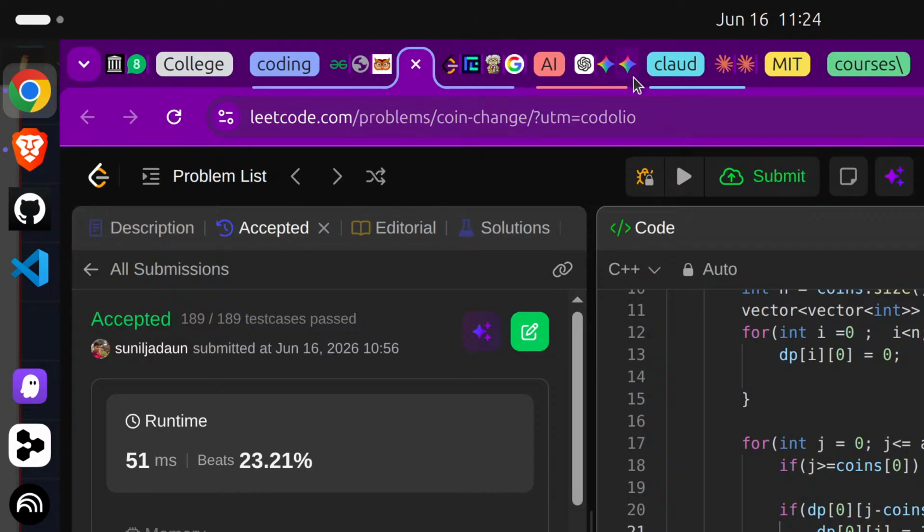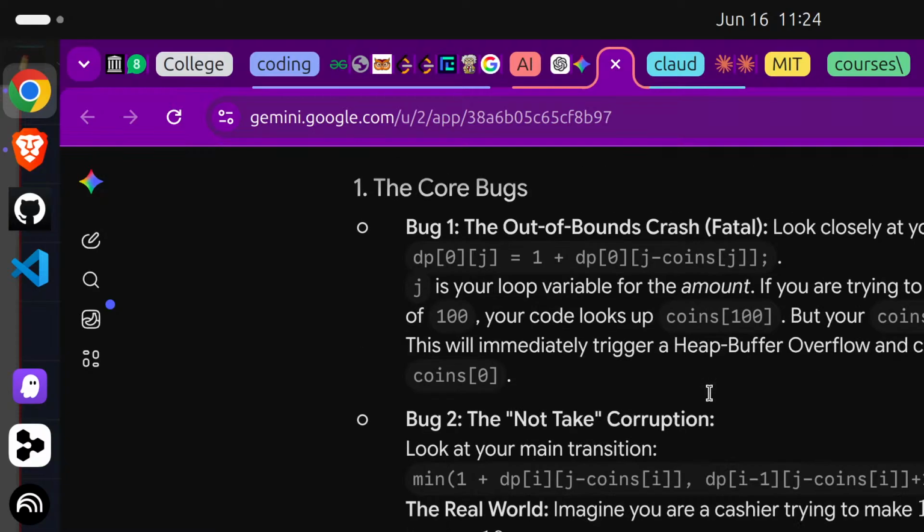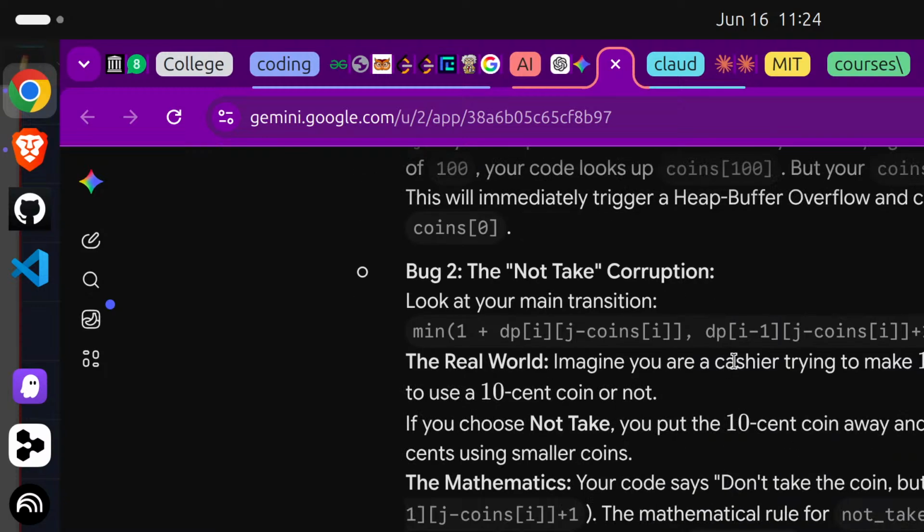Then what is the second bug here? Not take corruption. Imagine you have a cashier trying to make a transaction. So when I quoted 1 million coins, what's the total value? So target amount j must run completely.